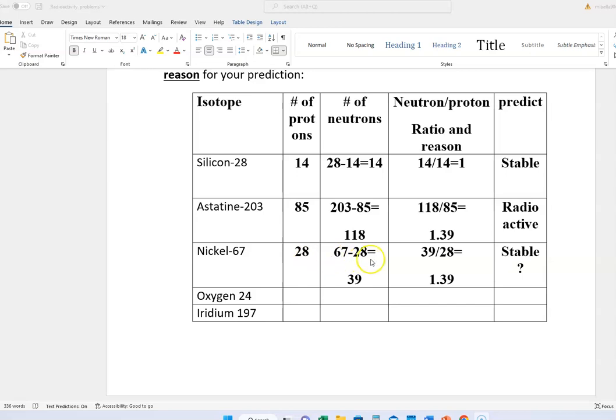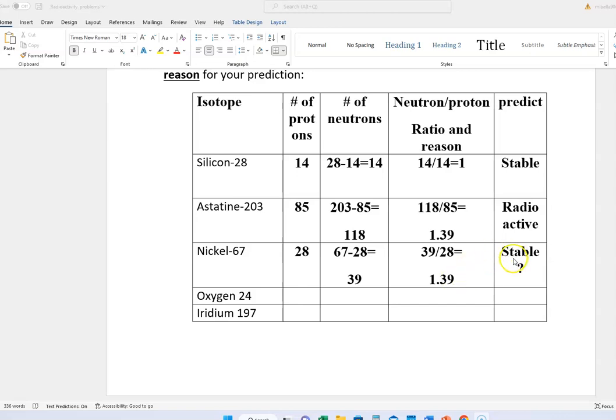So 67 minus 28, the number of neutrons, is going to be 39. And then the neutron to proton ratio is going to be 39 divided by 28, and so that's 1.39, or close to 1.4.